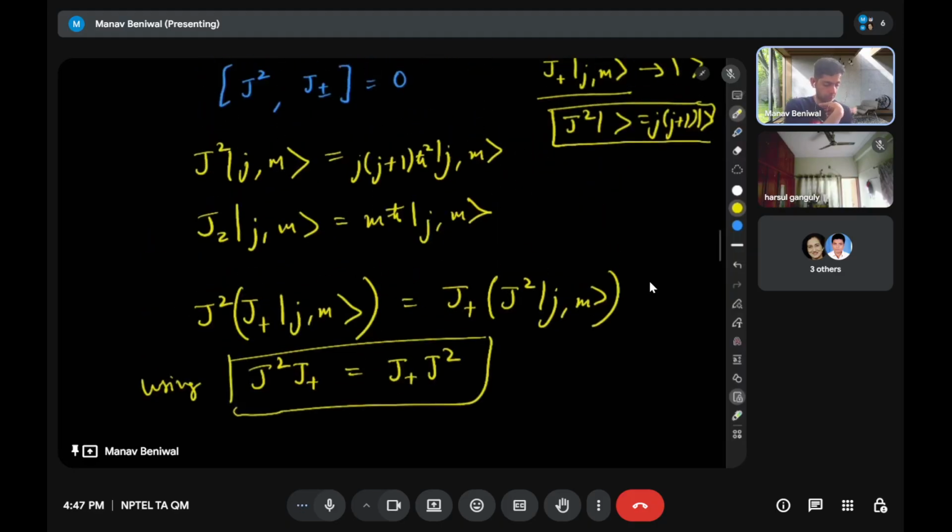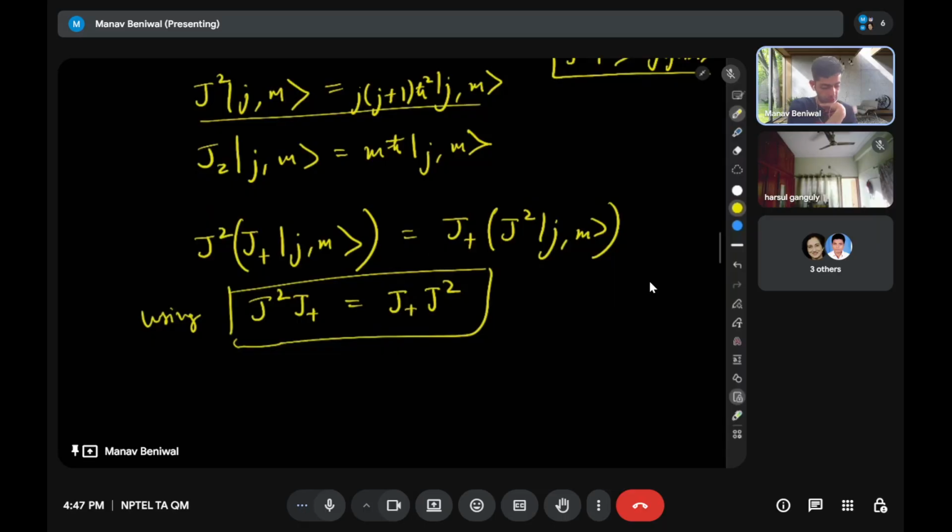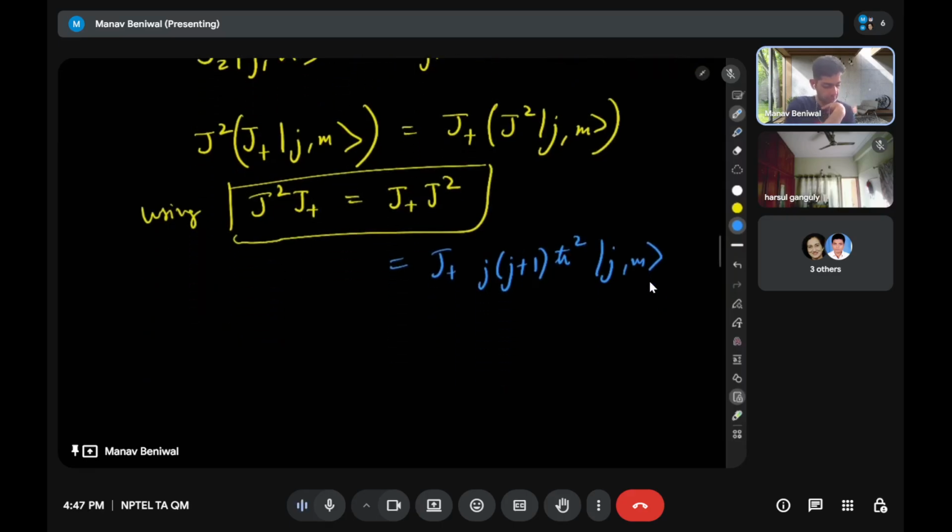So now, we already know what this gives us. This is, let's say, the first equation. From this equation, we know that this will give us just some j times these values, so this will become j times (j plus 1) h cut squared, for the state j, m. So finally I can rewrite this equation.